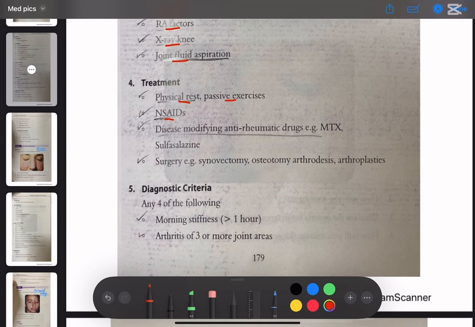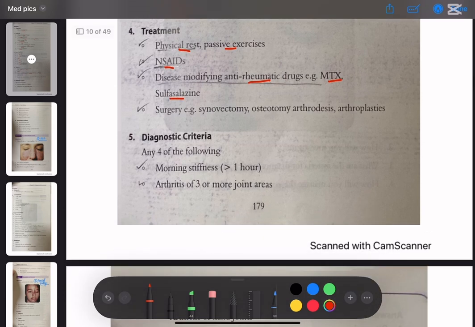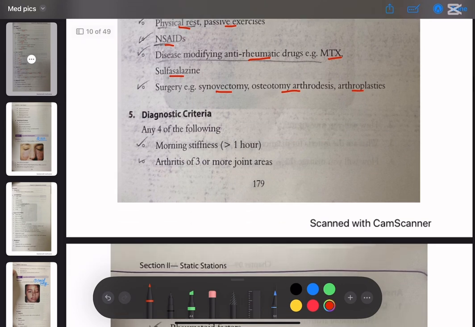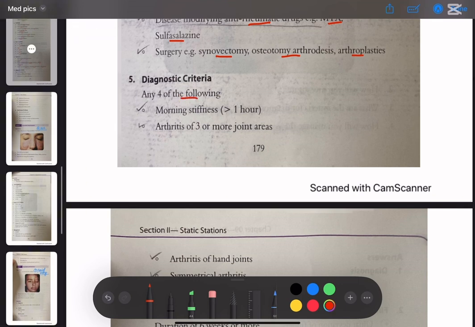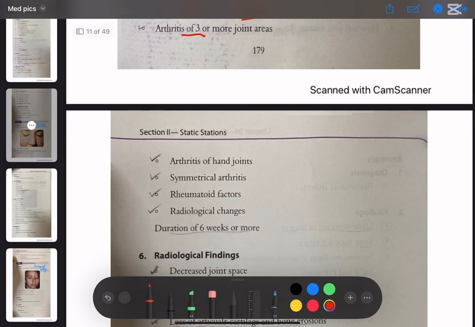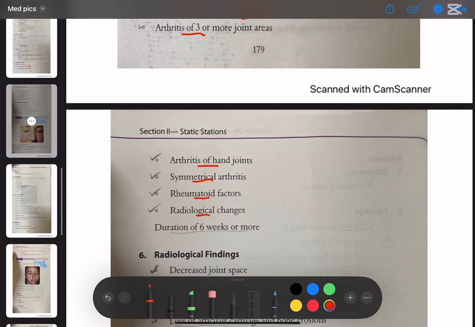Disease-modifying anti-rheumatic drugs, for example, methotrexate and sulfasalazine are given, and surgery, for example, synovectomy, osteotomy, arthrodesis, and arthroplasties. The diagnostic criteria is that any four of the following: morning stiffness for greater than 1 hour, arthritis of 3 or more joint areas, arthritis of hand joints, symmetrical arthritis, rheumatoid factors, and radiological changes, and the duration of 6 weeks or more.